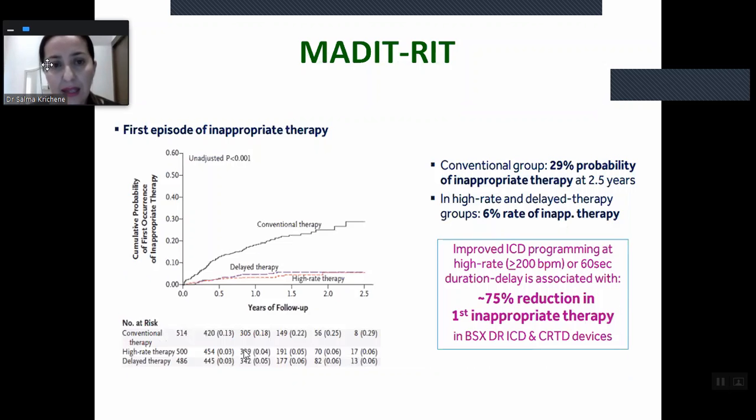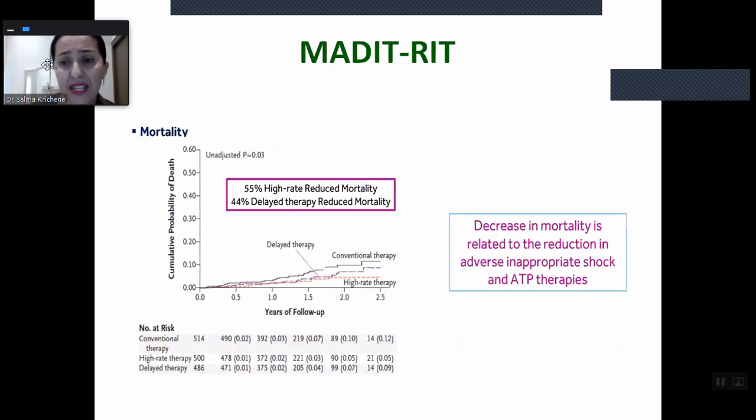This study proved that if we combine high rate with a long duration delay, we can reduce by 75% the first inappropriate therapy. And this reduction of inappropriate shocks decreased mortality.